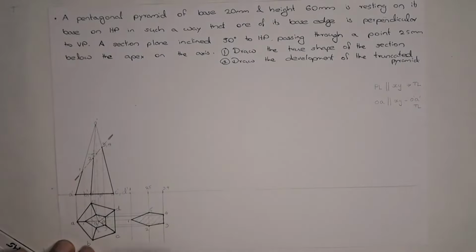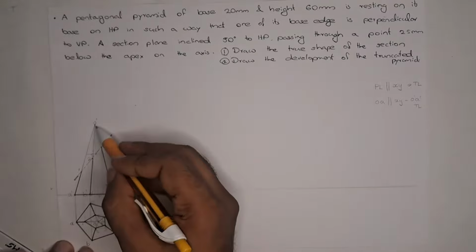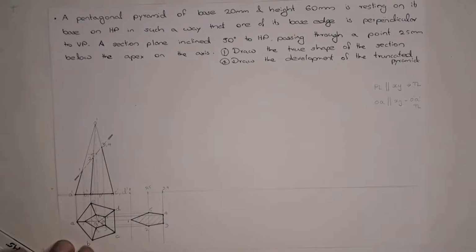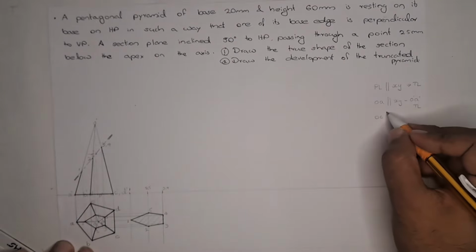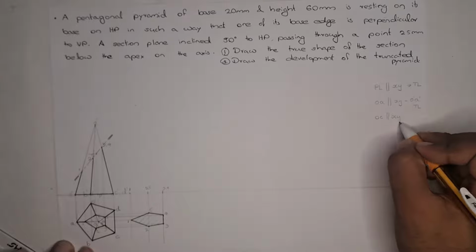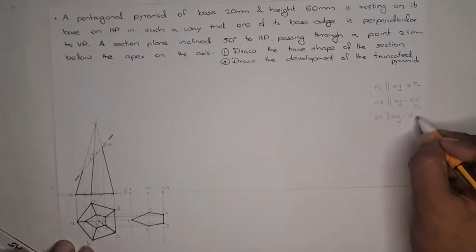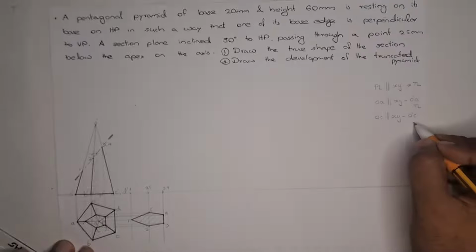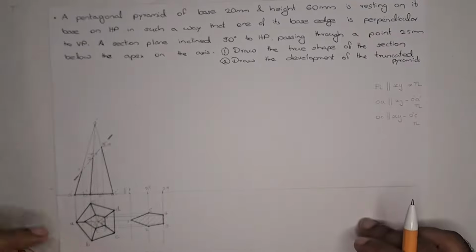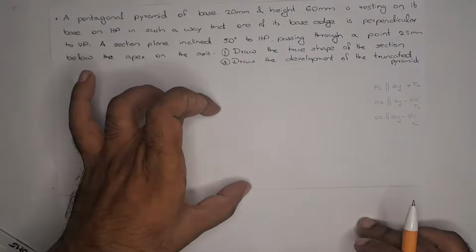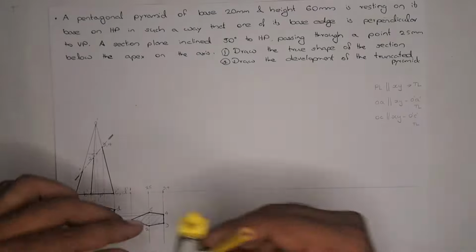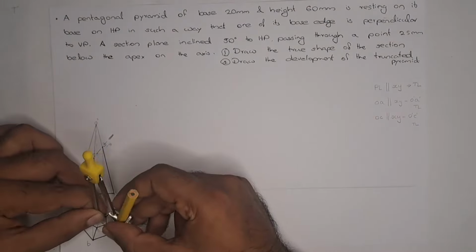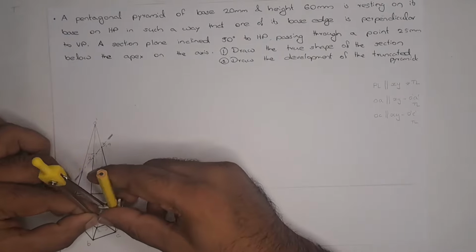In order to get the OC or OD true length, we have to draw the OC or OD parallel to the XY line in order to get the new C dash into a true length. Either we can take this distance and draw it here, or we can take the OC length and turn it here.